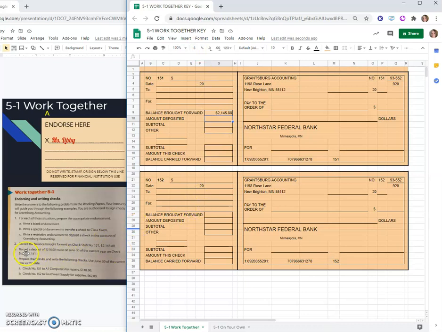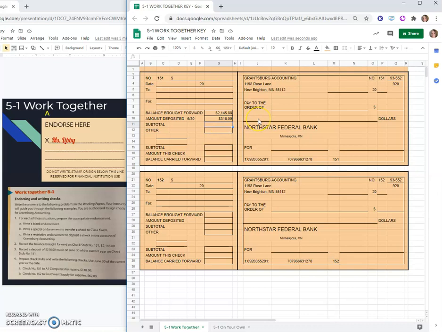Now we will record a deposit of $316 made on June 30th of the current year. So we need to put the date right here, 6/30, and then we would put the amount, $316, which then we would subtotal.